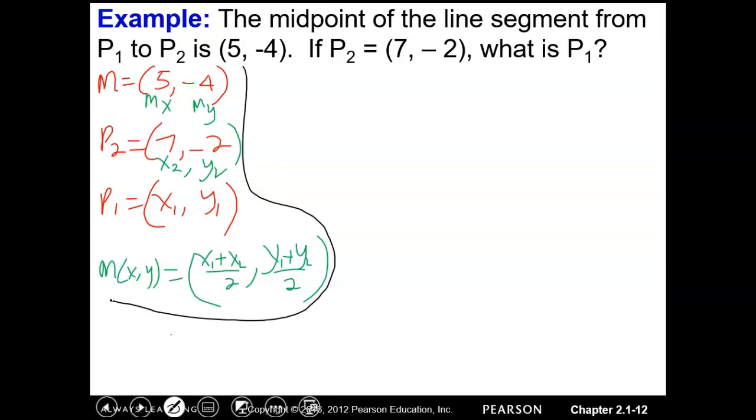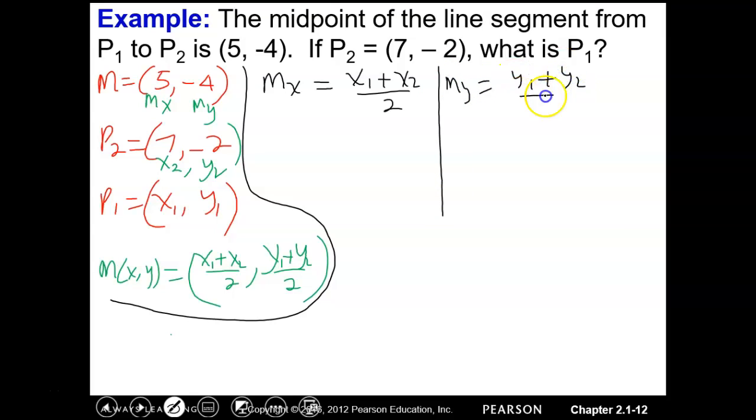Okay, so the midpoint for x is going to be x1 plus x2 divided by 2. And then the midpoint for y is going to be y1 plus y2 divided by 2.